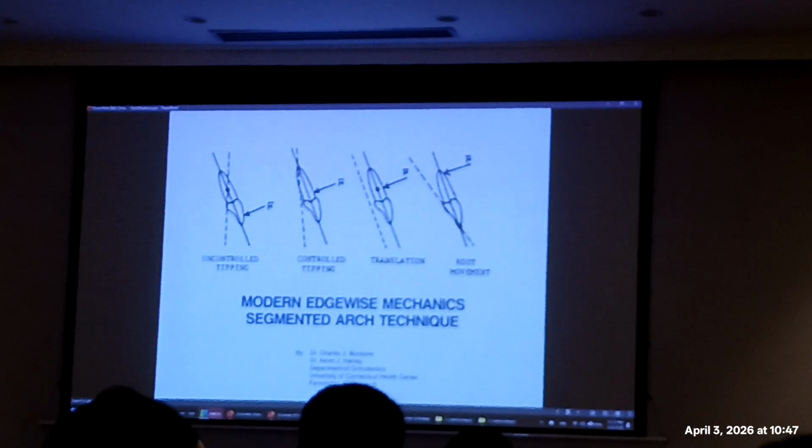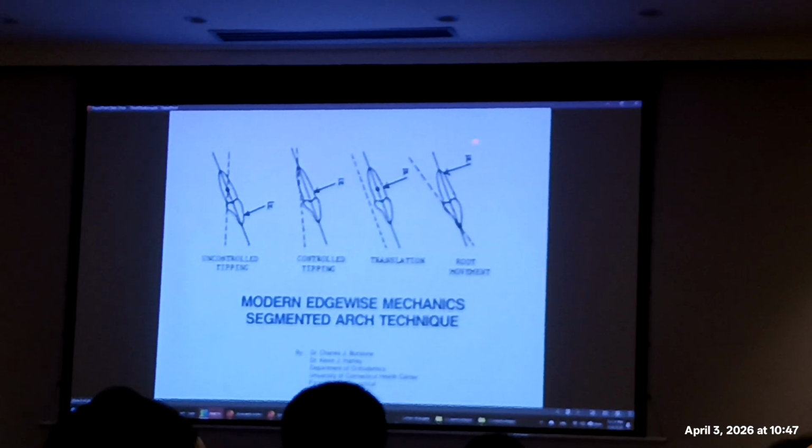As I showed you before in the morning, there are descriptive terms for types of tooth movement. If the center of rotation is near the center of resistance, somewhere here, rotation around here is called uncontrolled tipping. If the tooth rotates about the apex, that's controlled tipping. If it translates, the center of rotation is at infinity, up and down.